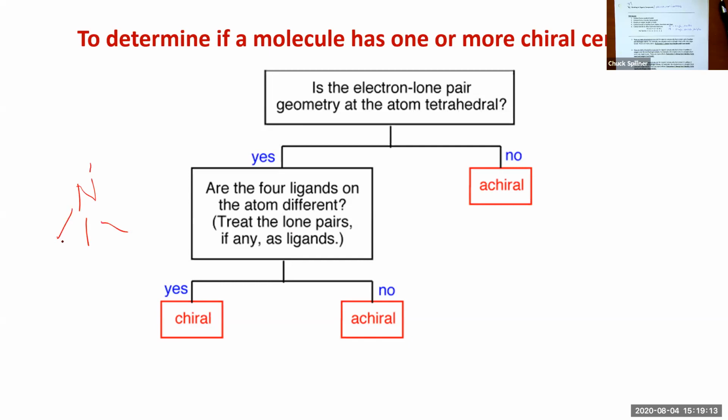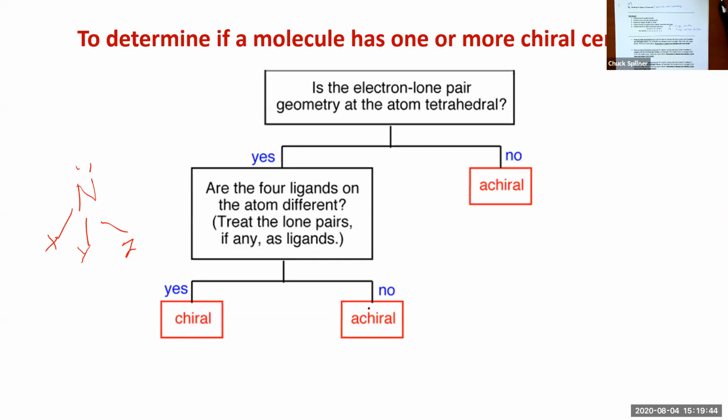If these X, Y, and Z are different, then nitrogen is a stereocenter. So if everything's true going down the left side, it's chiral. If there are not 4 different ligands on that tetrahedral carbon or nitrogen, then it's achiral.